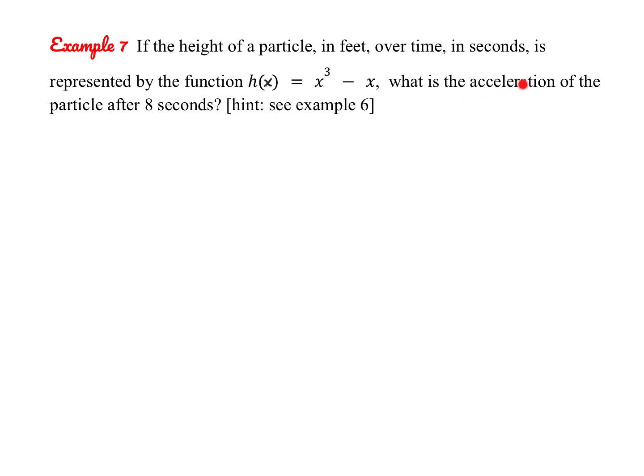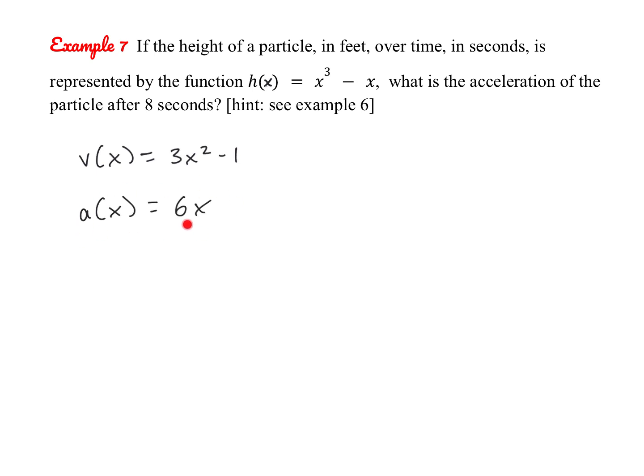So we know that acceleration is the second derivative of our position function. So we were given that first derivative, which in this case would be the velocity, v of x, the velocity of our particle, and we were told that it was 3x squared minus 1. And then we found the second derivative, which in this case would be the acceleration function, and we found that it was 6x.